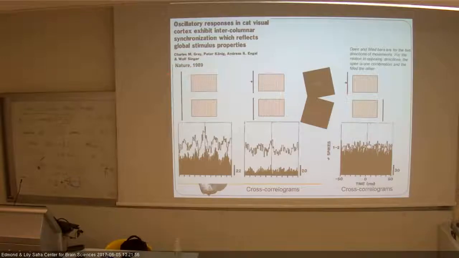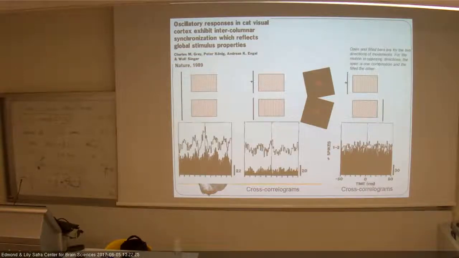And what they did was to pass a bar of light across the receptive field. And when they did that, when it is a long bar of light which crossed both receptive fields, they got a very nice pattern of correlation between these two neurons at around a rate of 40 hertz. Okay, so this is around a 40 hertz oscillation, and the correlation of this oscillation between these two neurons.